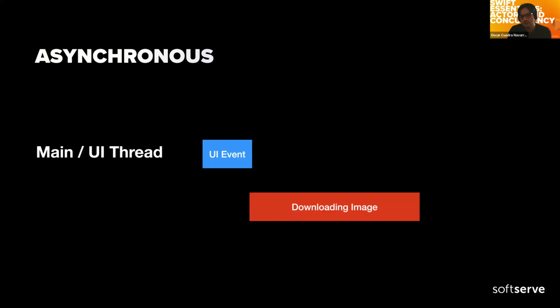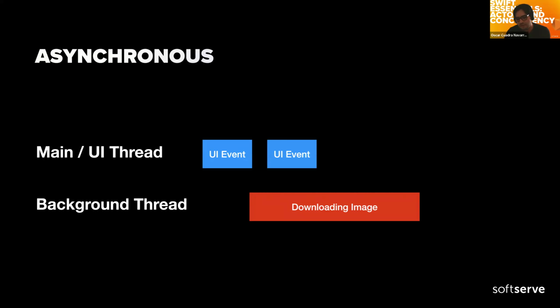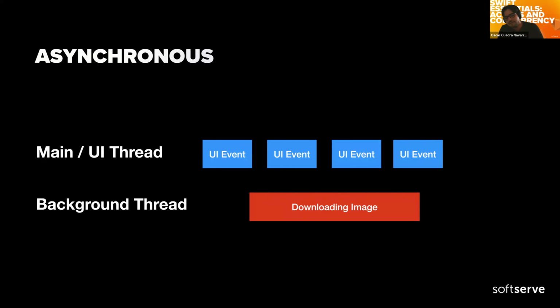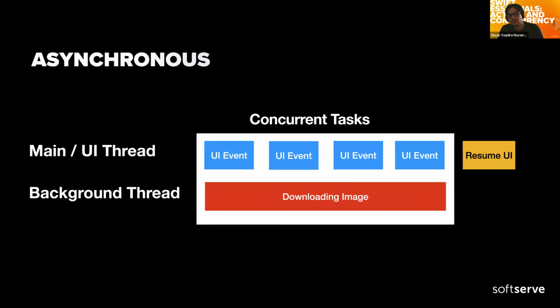So we create another thread to trigger this event, like processing images to load images, and we can still be scrolling or triggering other events. Each event happens at the same time, and this is called a concurrent task. So when we talk about concurrency, it's not that events are running in parallel, they are running in the same period of time.